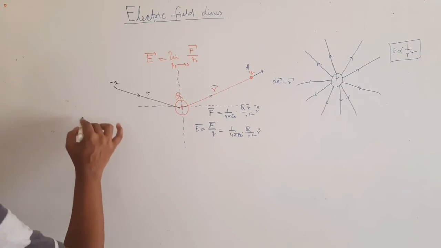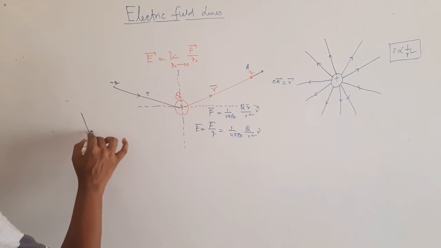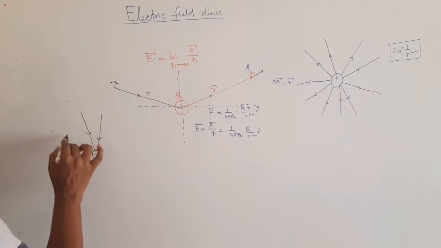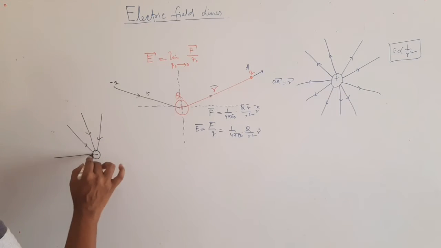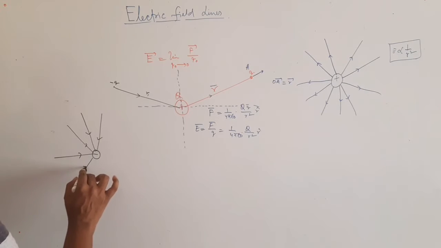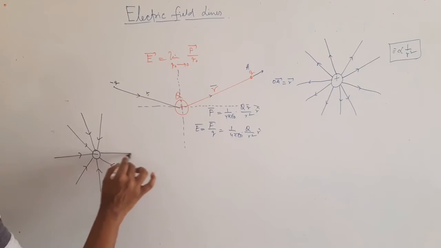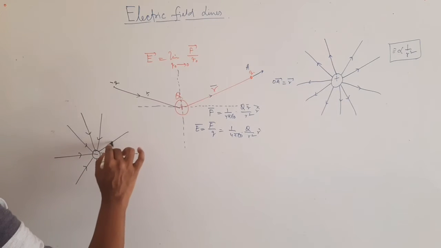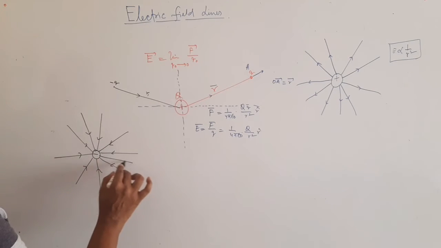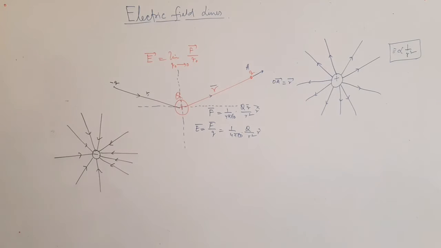This is minus, so the field lines will get in and converge at this point. So this is the nature of the electric field lines: they are converging.